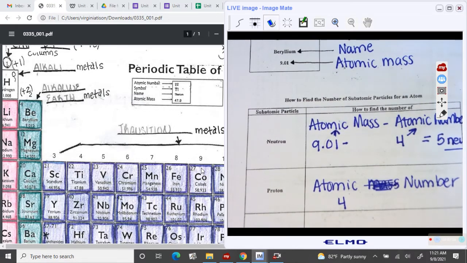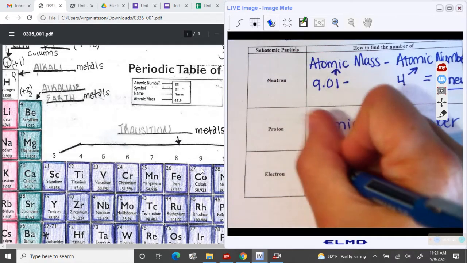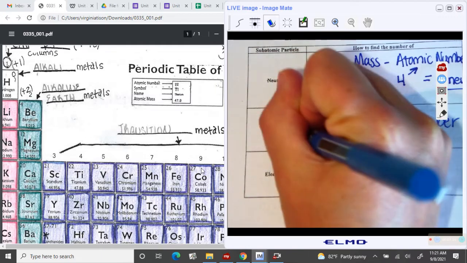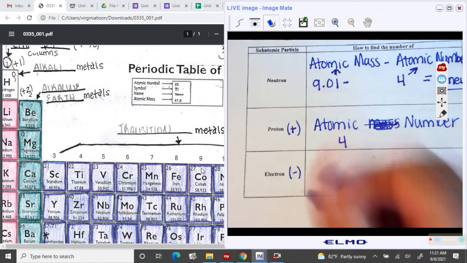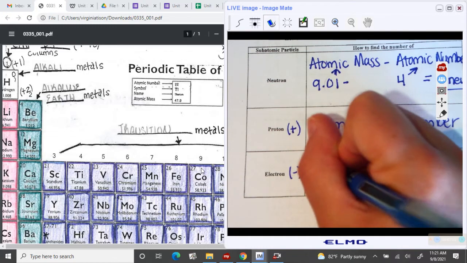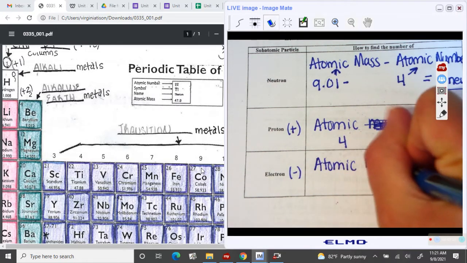So there are 4 protons in beryllium. And then for the electrons, we can find the electrons because we know that this is negative and this is positive. So we want those two to be equal. So in a neutral atom, it's the same as the atomic number if we want them to be equal. So we can find the electrons by finding the atomic number.